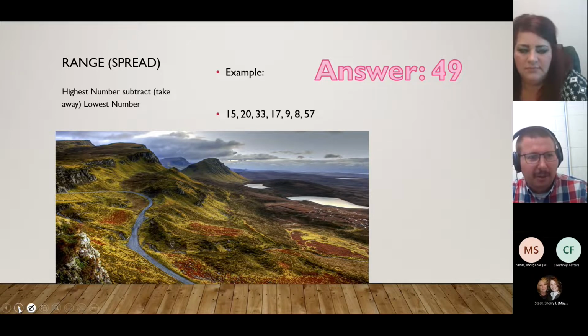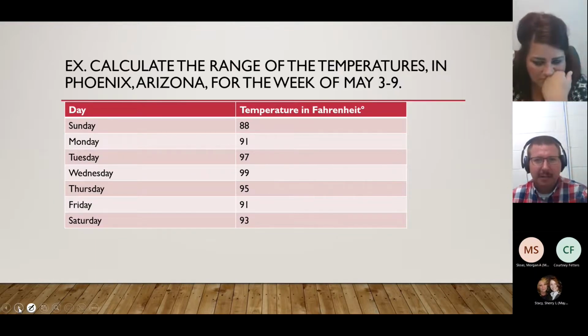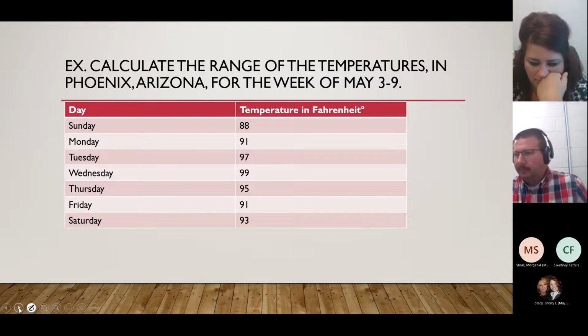So here's your question. Here's a science-related question regarding range. Remember, it's the highest number, subtract the lowest number.